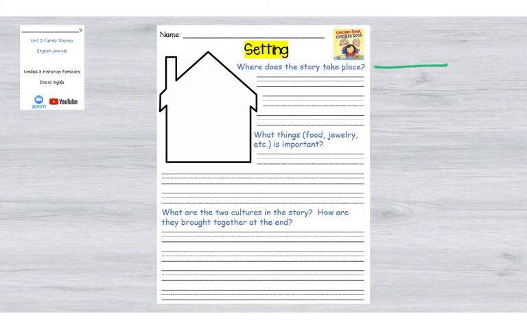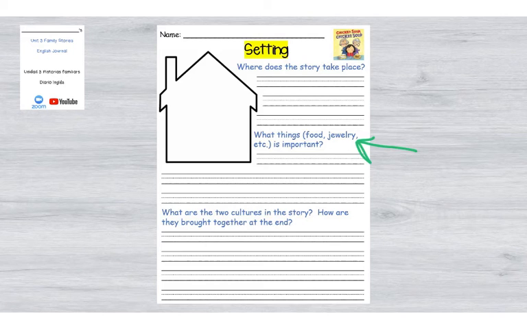So the first question here, again, is where does the story take place? There's a couple of different places that the little girl goes. I'll give you that hint. In fact, there are 3 different places. The second question says what things, food, jewelry, or others, is important.